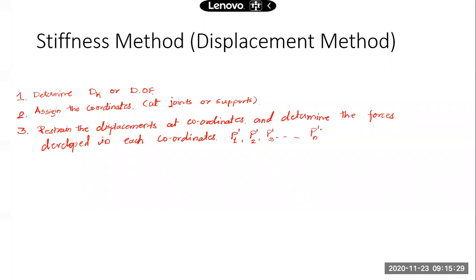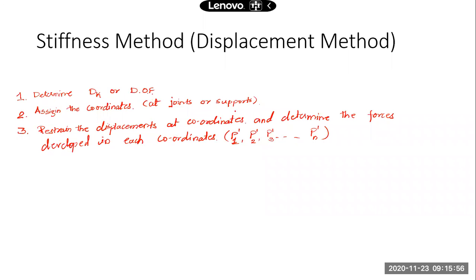If there are n coordinates corresponding to n degrees of freedom, we'll get n forces in the coordinates. These P1 dash, P2 dash, P3 dash are the forces developed when we restrain all the displacements in the coordinates. They are the set of forces developing in the restrained structure at coordinates 1, 2, 3, 4 up to n.